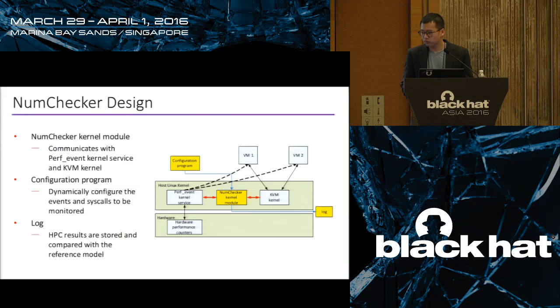Then the count values are written to log files, and those log files are used to create reference models that we use to detect the rootkit. At runtime, we use those log data to compare with the reference model. I'm going to show you what that means, the flow of the NumChecker design.